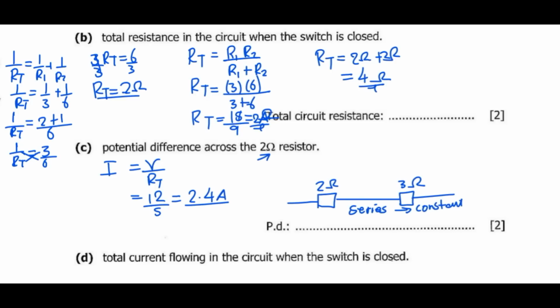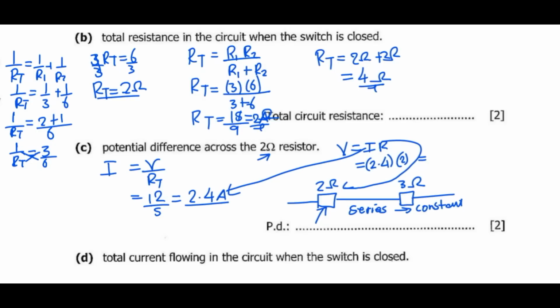So let's find the voltage that was used here. Voltage is equal to current times resistance. So what's our current? It is 2.4 times the resistor, which is 2.